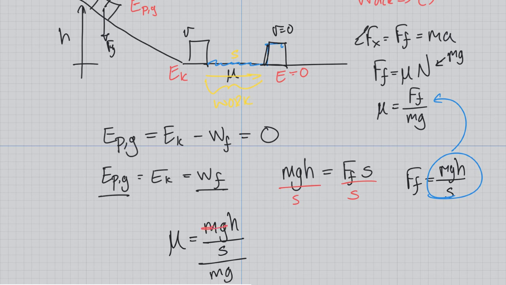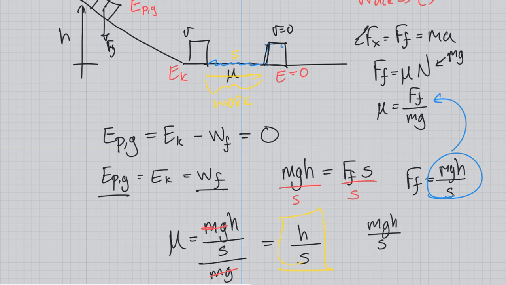Looking at that, the mg's cancel out, and I'm left with simply h divided by s. So how high was the block on the ramp, and how far did the block slide after it hit that friction?